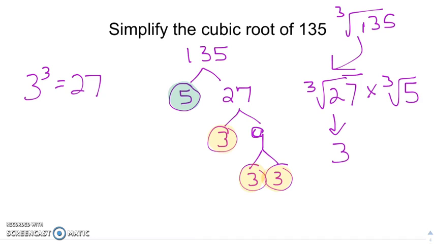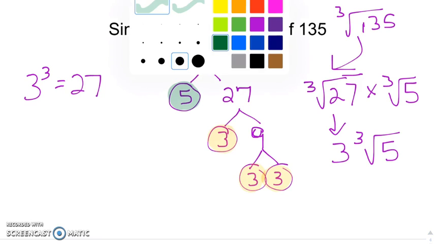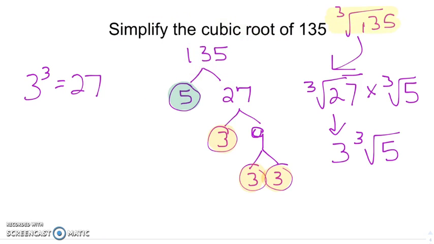I can't simplify the cubed root of 5 anymore. Therefore, my simplified version of the cubed root of 135 would be equal to 3 times the cubed root of 5.